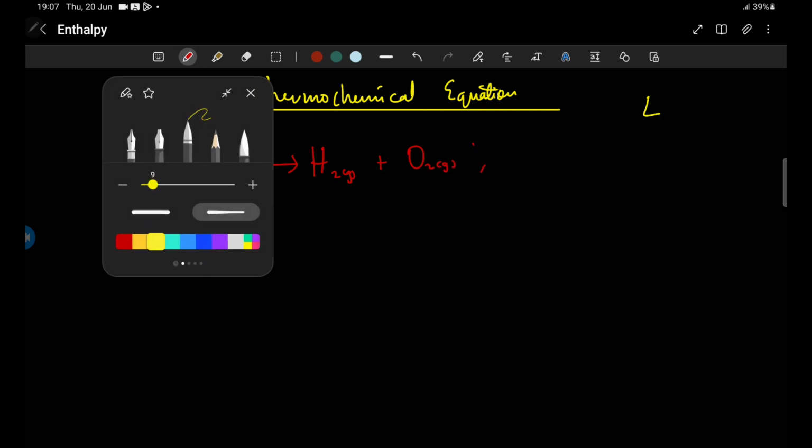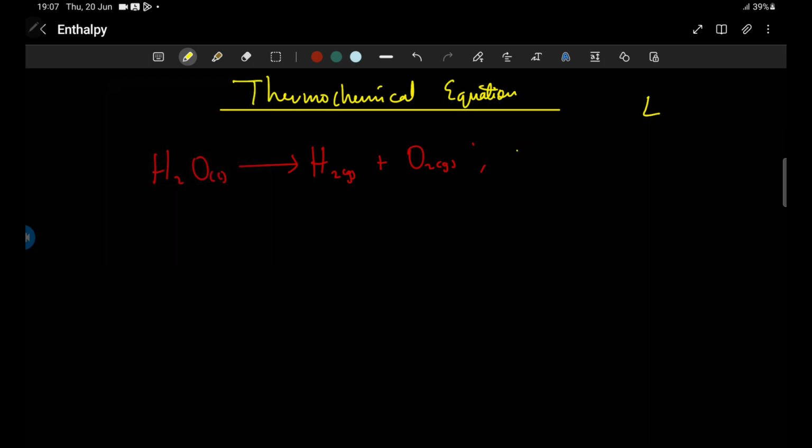And at the end of the day, our enthalpy, which in this case is endothermic, that means heat is absorbed. This is 286 kilojoules per mole.